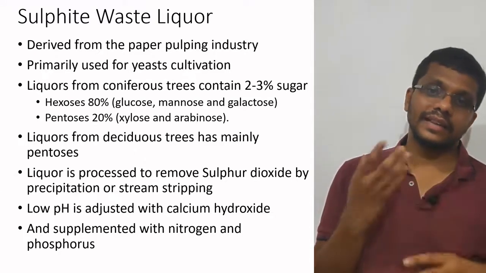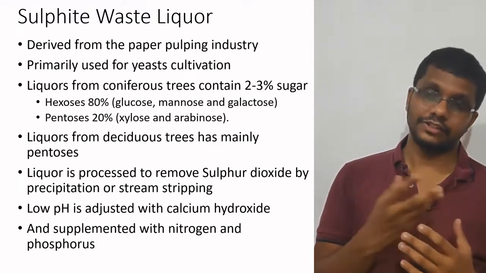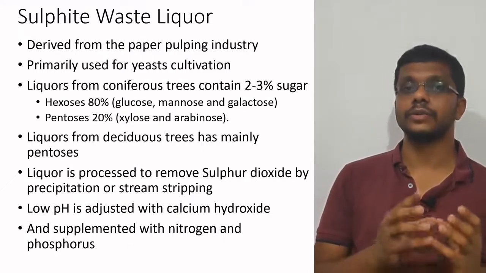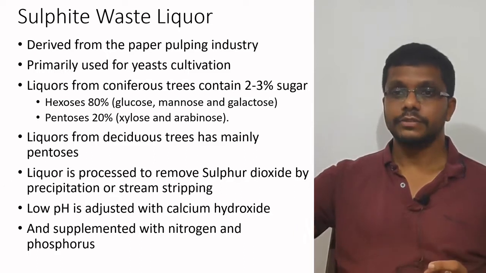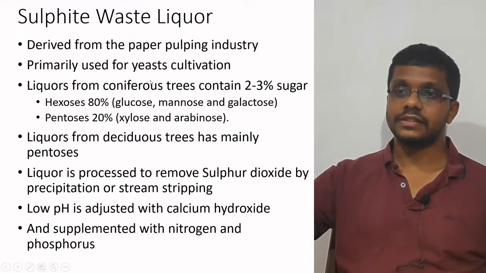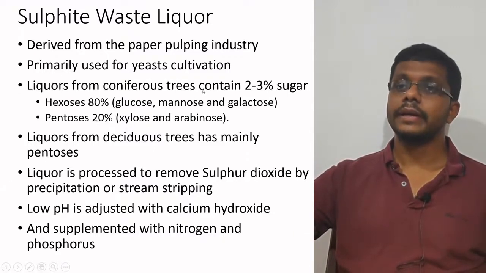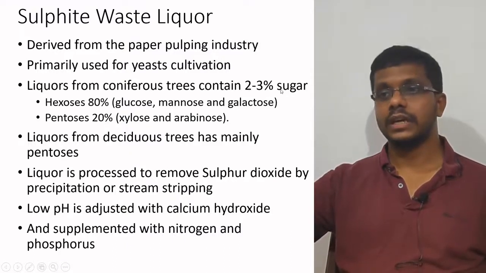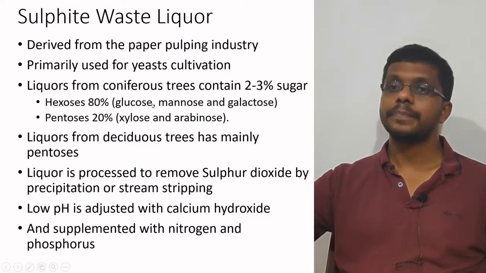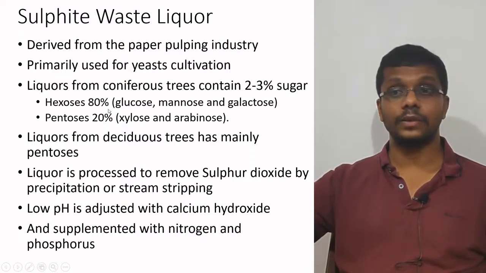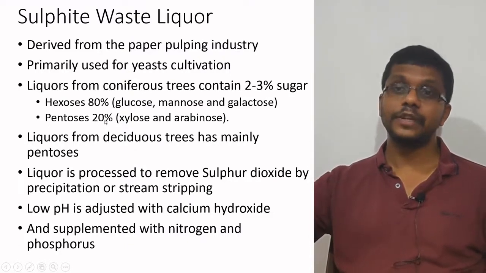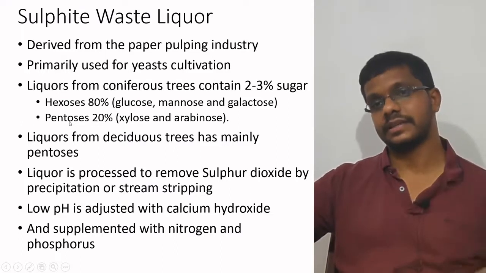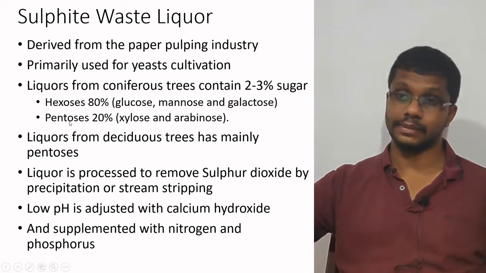The characteristics of this sulfate waste liquor vary depending on the type of plant material used for pulping. If you are using coniferous trees for pulping and paper making, it contains about 2 to 3% of sugar. Out of this, 80% are hexoses like glucose, mannose, and galactose, and 20% are pentoses. Pentose means sugars with 5 carbons, and hexose means sugars with 6 carbons.